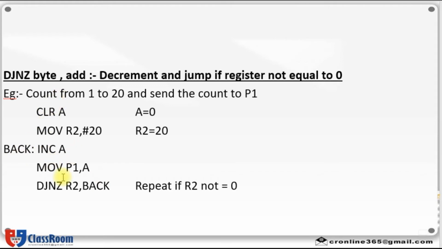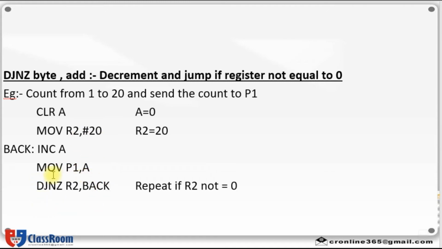So by using accumulator only, you can transfer contents to port 1. Then you have to check whether all these count values are entered into port 1 or not. Here only one value is entered to port 1. Then you have to decrement this count value from 20 to 19, 19 to 18 and so on.